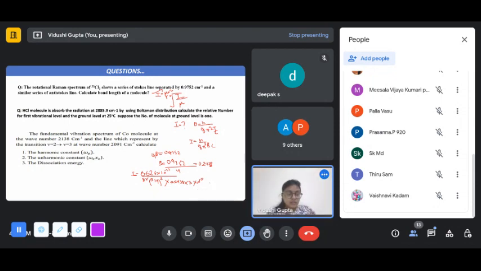What will be the value? It will be 1.1438 into 10 raised to power minus 38.